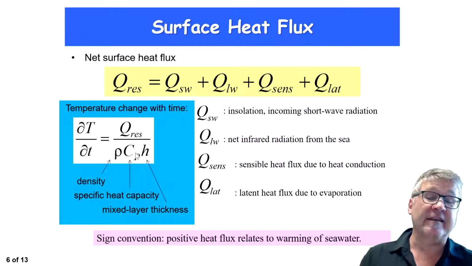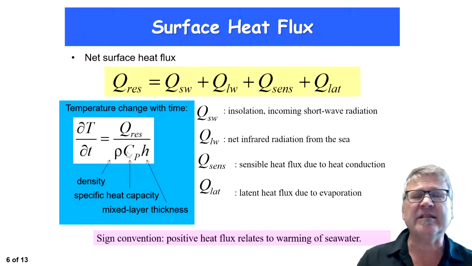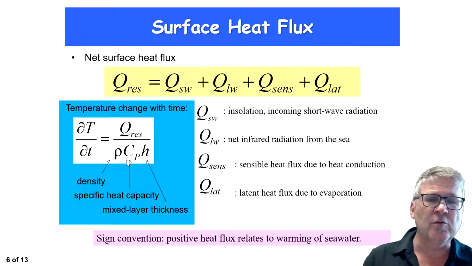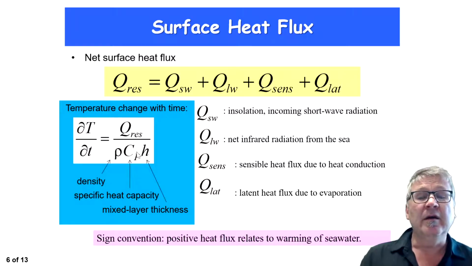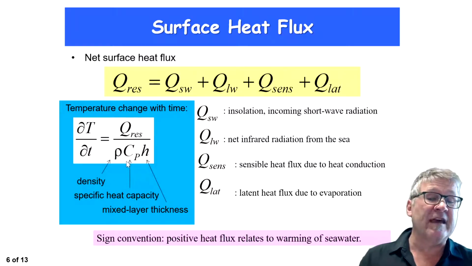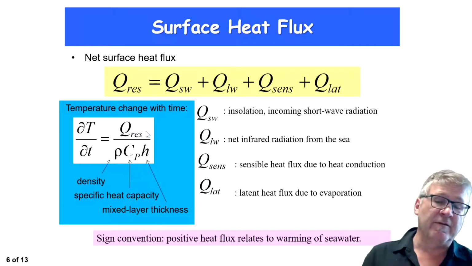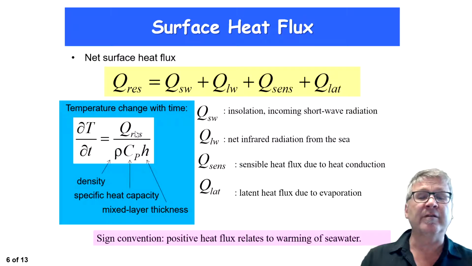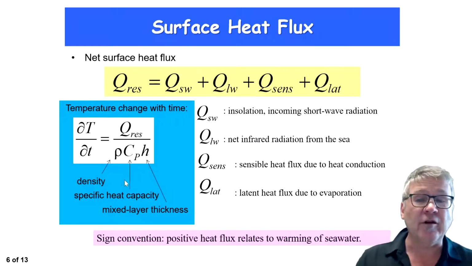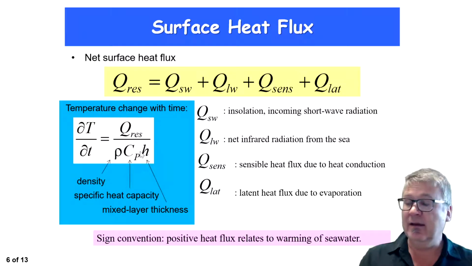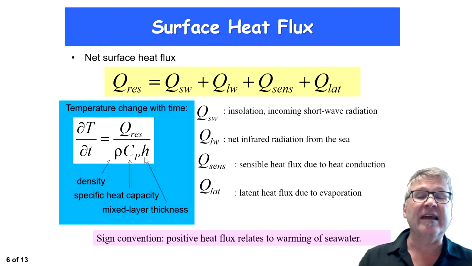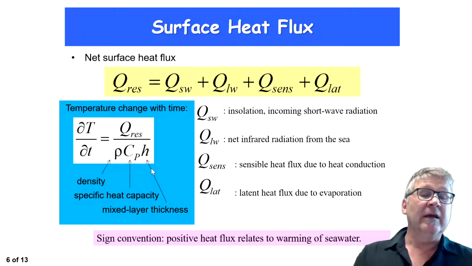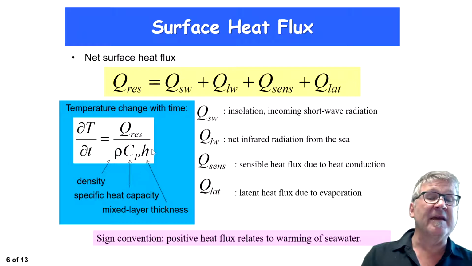There are other factors in here. The density doesn't change very much, so it's almost like a constant, seawater density. Cp is the specific heat capacity. It also varies a little bit, but it's essentially also a constant. And the big factor of influence is this H here, and this H is the mix layer thickness. It is divided by the mix layer thickness.